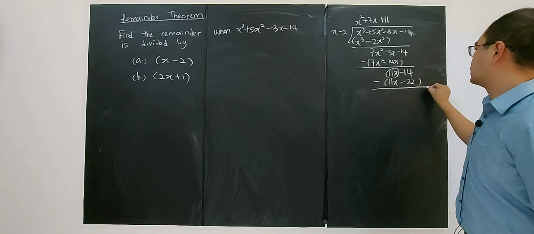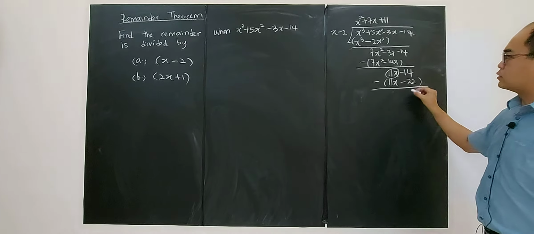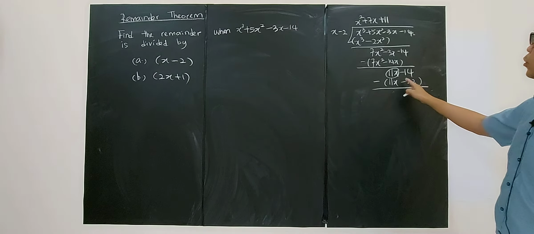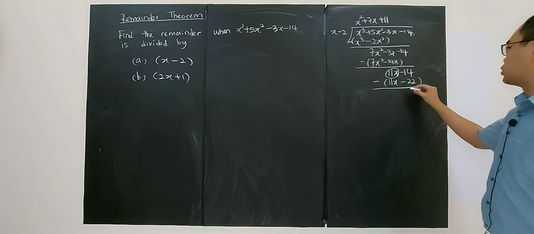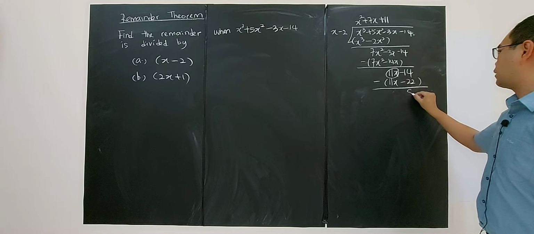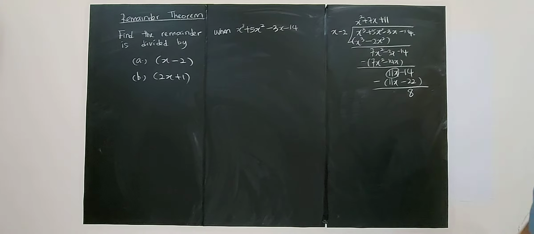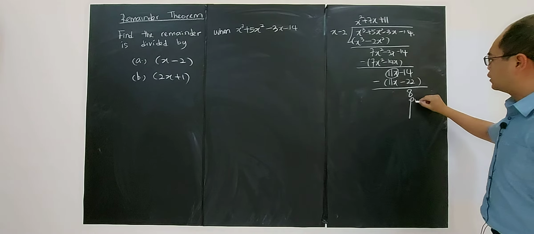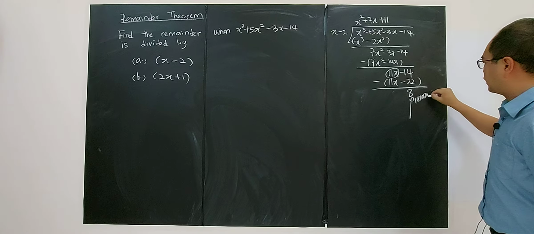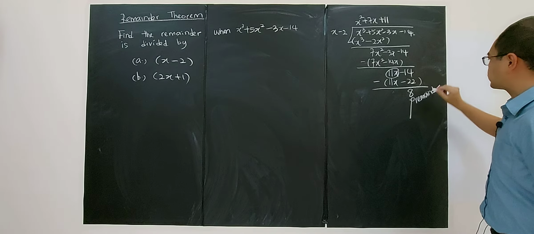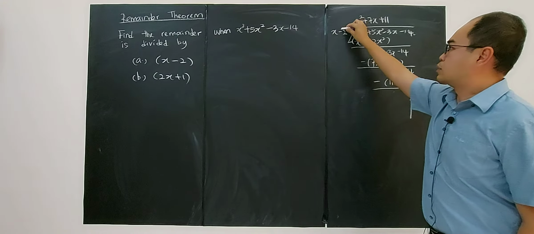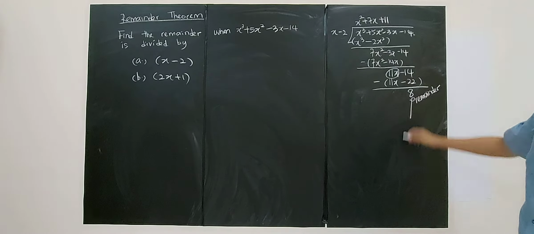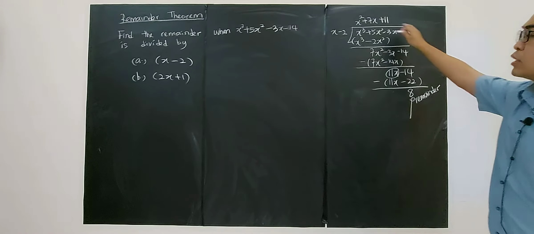Subtracting, at last you get a constant: negative 14 plus 22, so you get 8 as your remainder. When you divide by x minus 2, this will be your remainder. This is using long division.